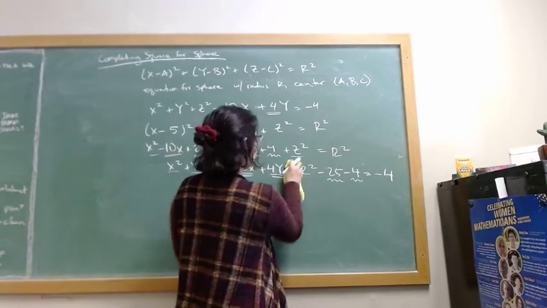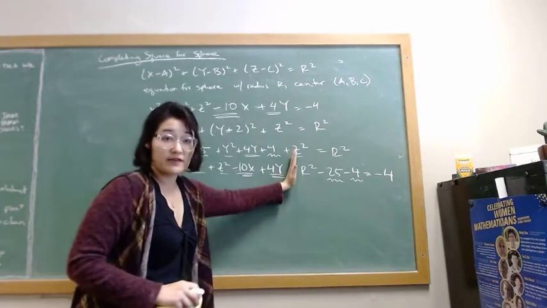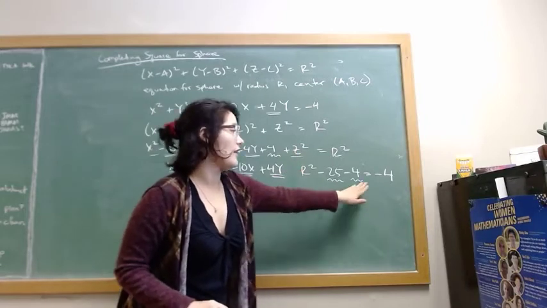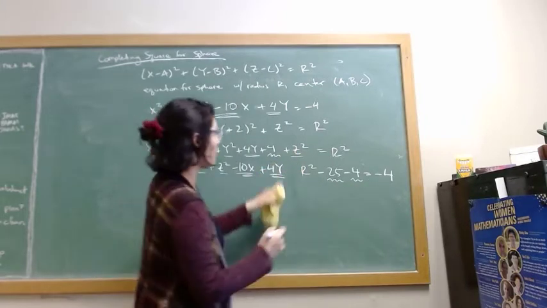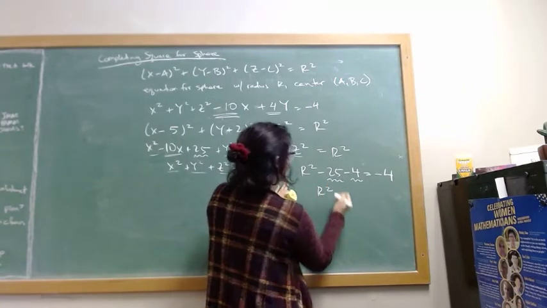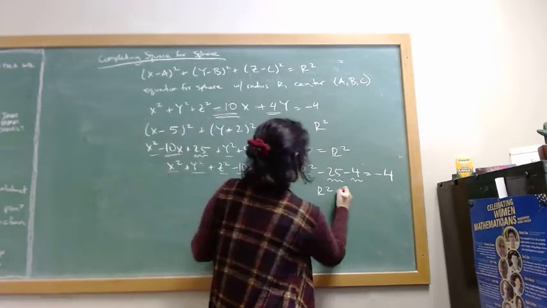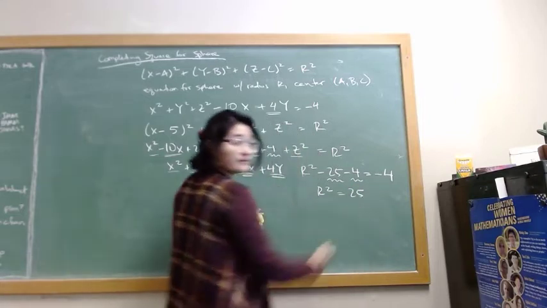Ignoring everything up to this point, now I just have an equation. r squared minus 25 minus 4 should be equal to minus 4, or r squared is minus 4 plus 25, that's just 25.